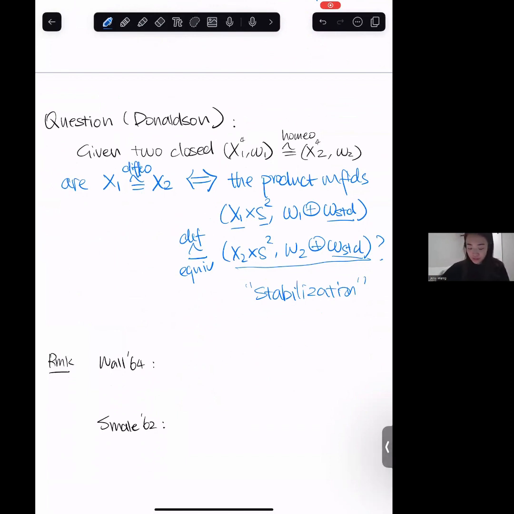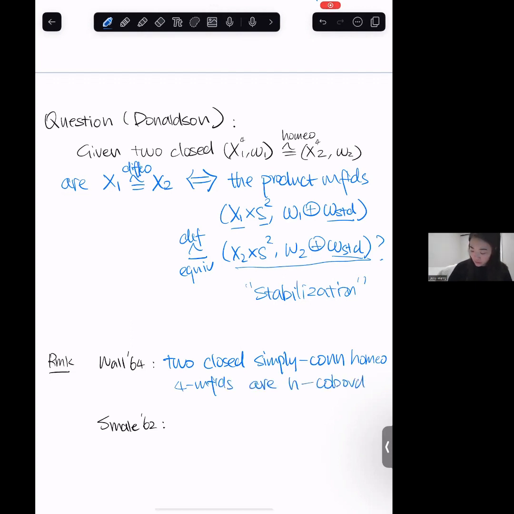So some remarks. First of all, why does this question even make sense in the smooth category? We have by Wall that two closed, simply connected, homeomorphic four manifolds are h-cobordant.